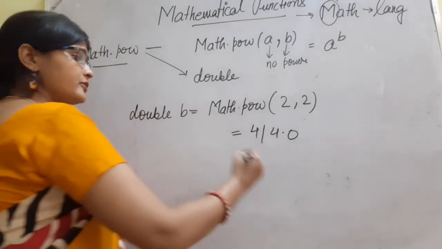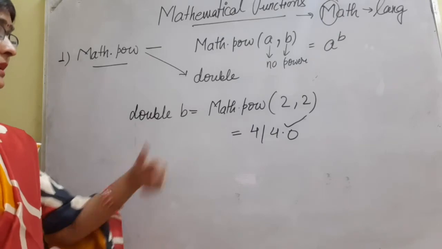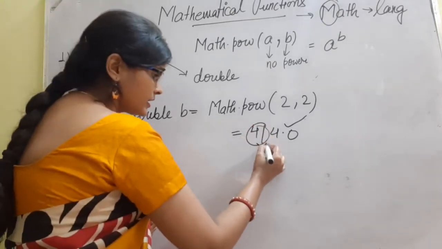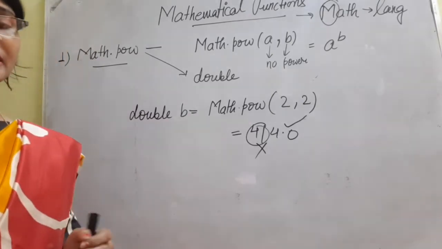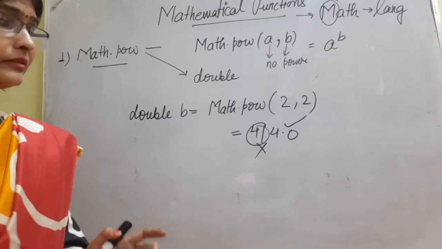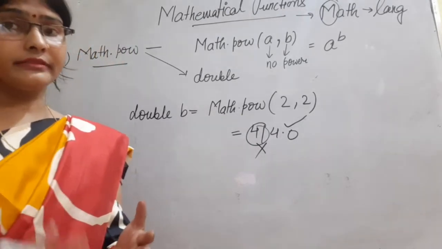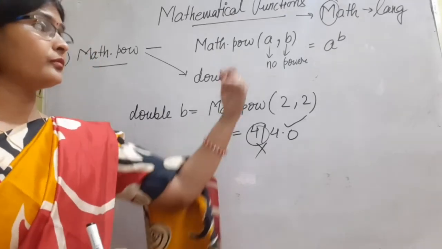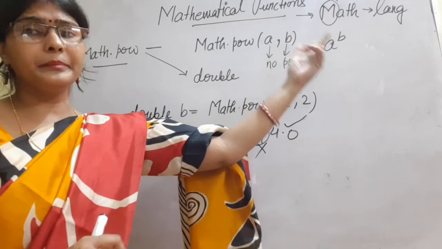Of course it is 4.0, because the return type is double. If we write 4, it is wrong. Clear? So once again, Math.pow is used to give a power. The return type is double, in which the first number is the number, and the second number is the power.